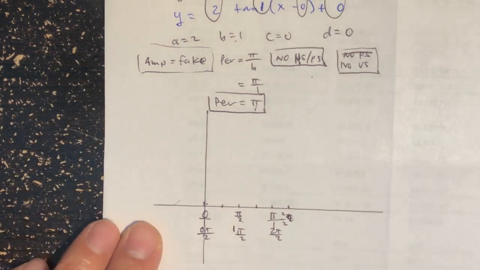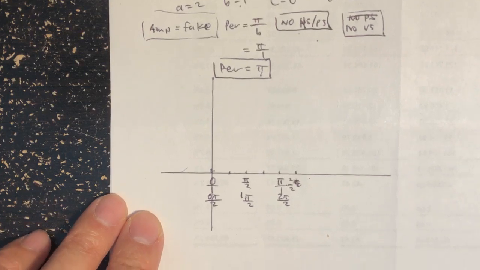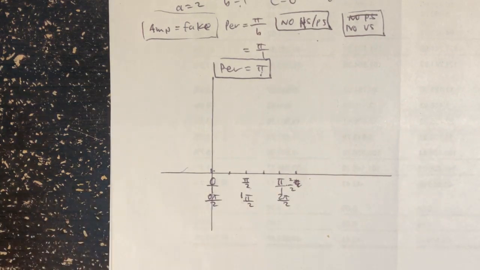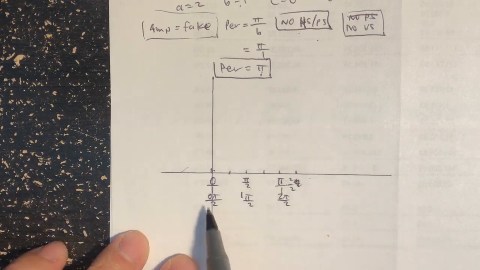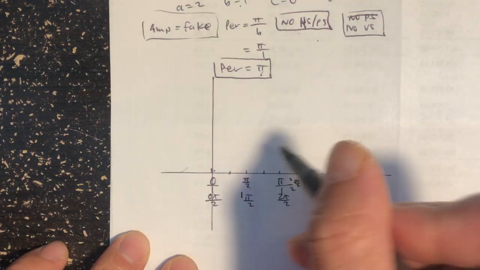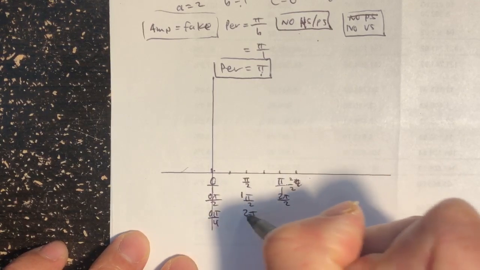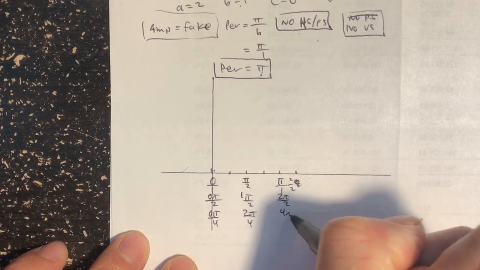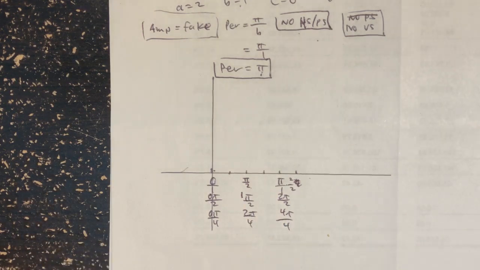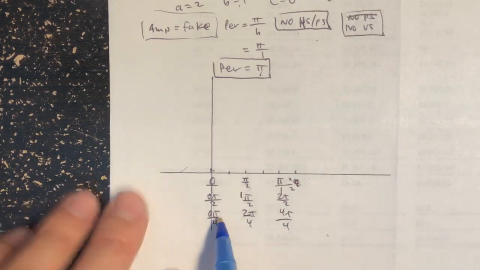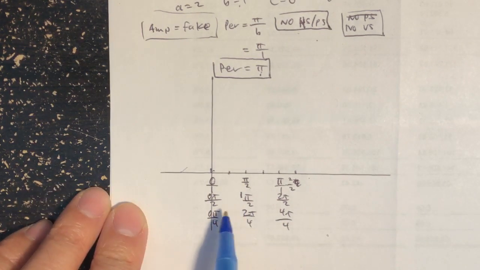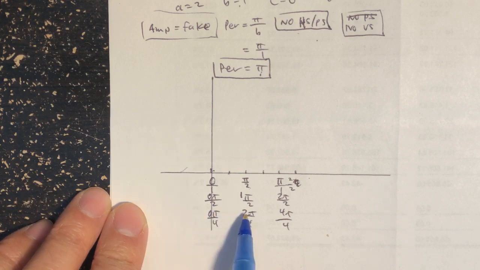And then you'll recognize that it's hard to divide those, so you can just double those again. So 0 pi over 4, 2 pi over 4, and you get 4 pi over 4. And then there you can see that you can get a midpoint. So 0 plus 2 is 2, 2 divided by 2 is 1.